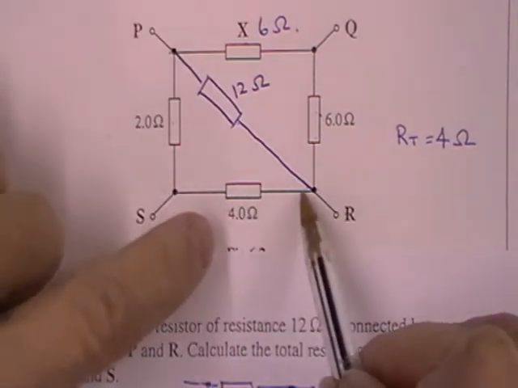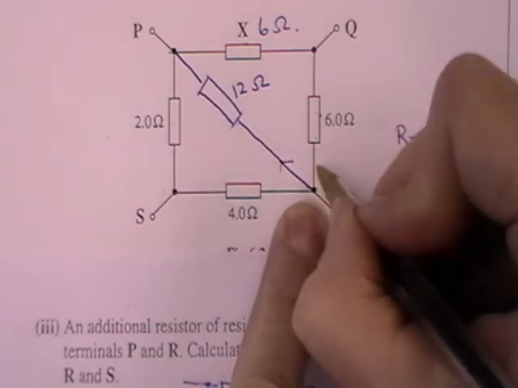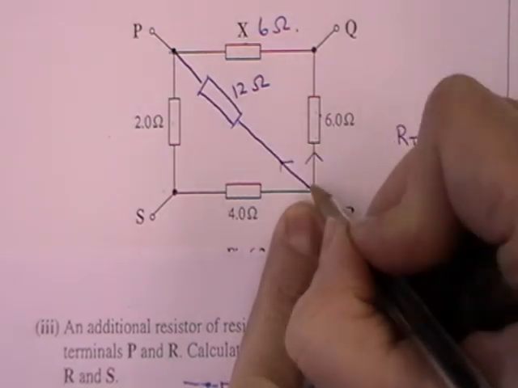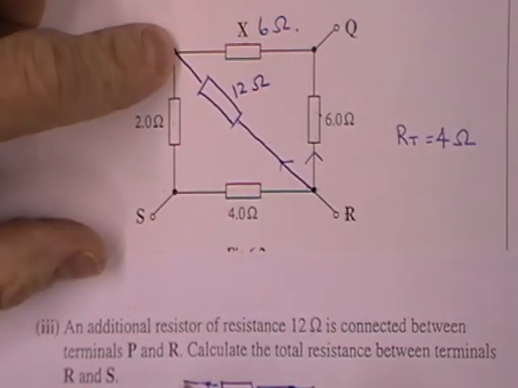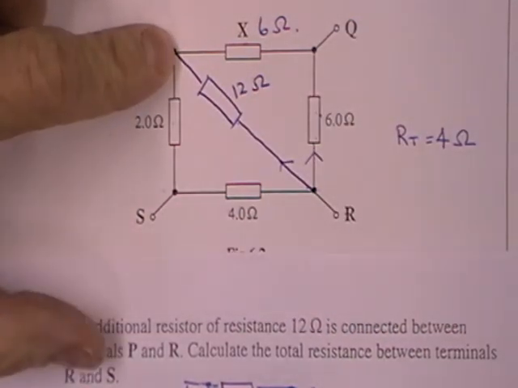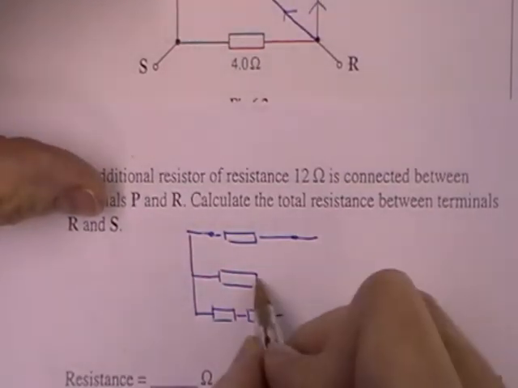So when you get round, say you were taking current from R here, you would have a place where the current could go through there, or it could go through here. Okay, so it's going to go right through here and join back together here. So we've got a parallel bit of the circuit here, and we've got a 12, and we've got a 6 and a 6 beside each other. I'm just drawing that like that, okay? And they rejoin again.